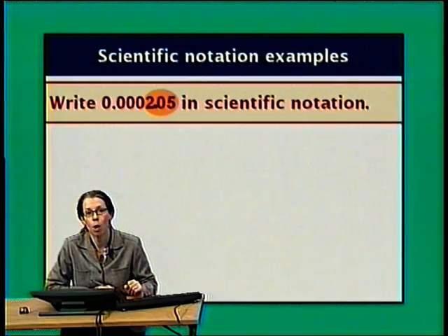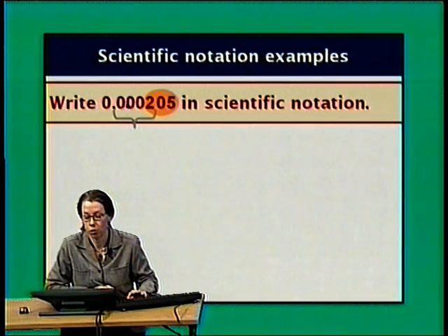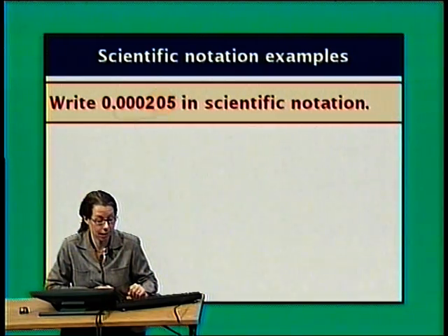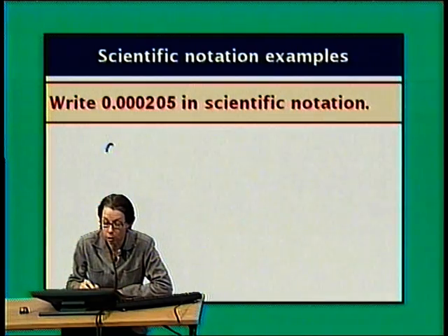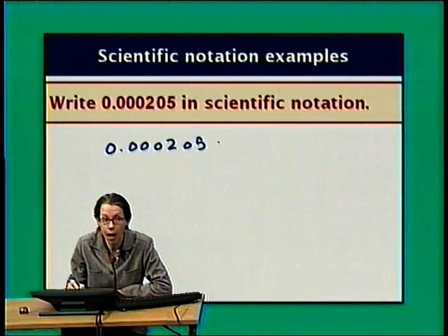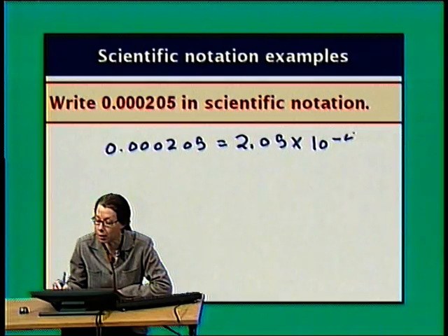Now to get this small number, I'm going to need to move that decimal point 1, 2, 3, 4 units to the left. That's the same as multiplying by 10 to the negative 4. So the number in standard notation, 0.000205, is equivalent to 2.05 times 10 to the negative 4.